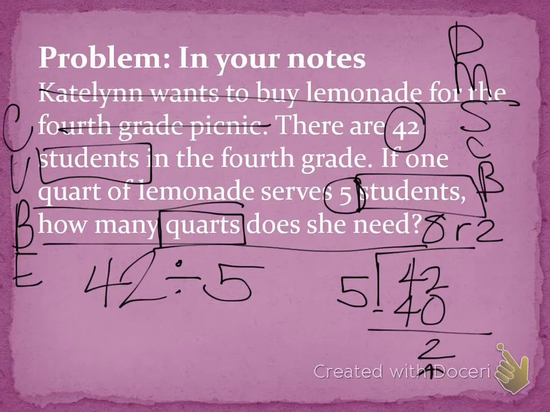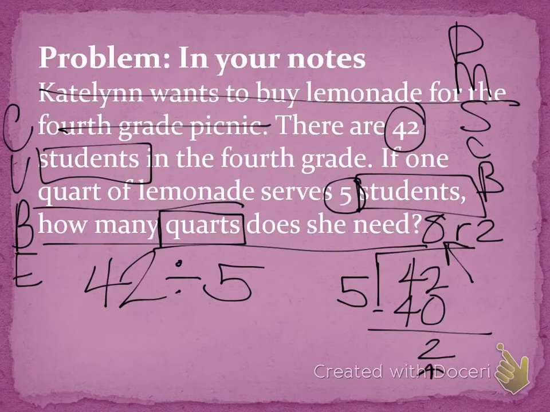But now let's look at the problem. If there's 1 quart of lemonade and that serves 5 students, how many quarts does she need? So I'm saying right now she needs 8 quarts of lemonade. But I have a remainder, so that would mean that there are going to be some students who are not going to be getting lemonade if I only make 8 quarts. Because I want to make sure that I have enough for everyone at the party, it's always good for me to over-plan or have more than I need.